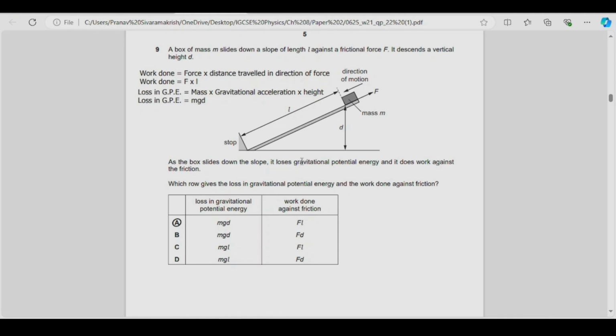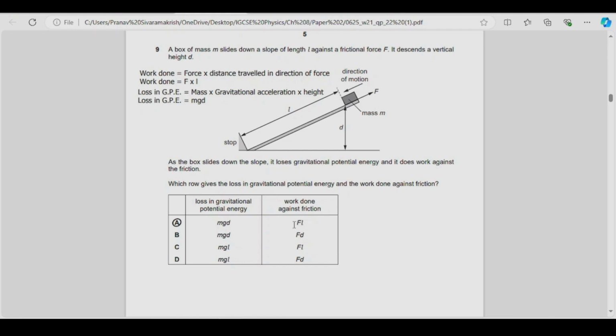We know that gravitational potential energy is mass multiplied by the gravitational field strength multiplied by the height, or the height lost in this case. And we know the height lost is D, so it has to be mgD, right? Which means C and D are already wrong. It leaves us with options A and B. And then if we look at options A and B, the work done against friction: friction acts along the slope, and it acts for a distance L.